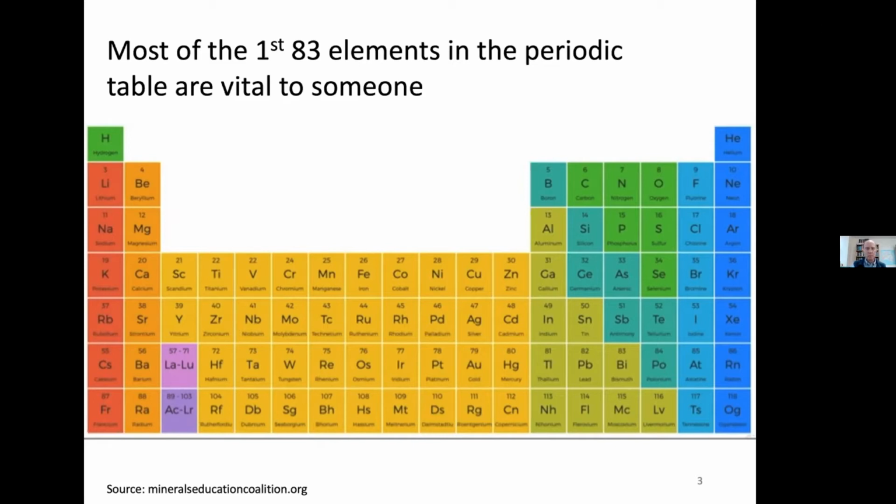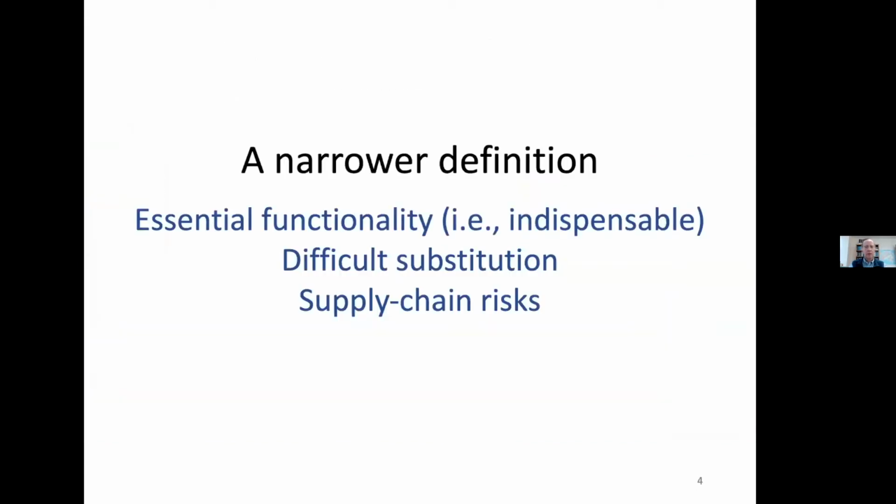So with the normal use of the word critical in front of the word mineral, I would say it's not very helpful. Why not just say mineral resources as opposed to critical minerals? So a somewhat narrower definition has come into use in the discussions of critical minerals that starts with indispensability, or as I say here, essential functionality, but also adds difficult substitution and supply chain risks.